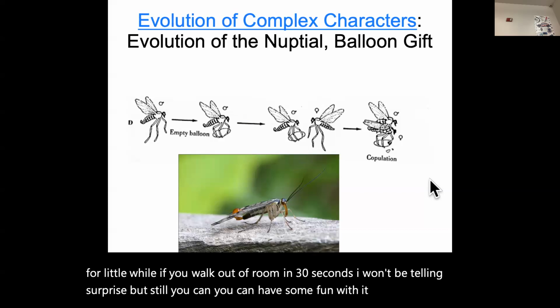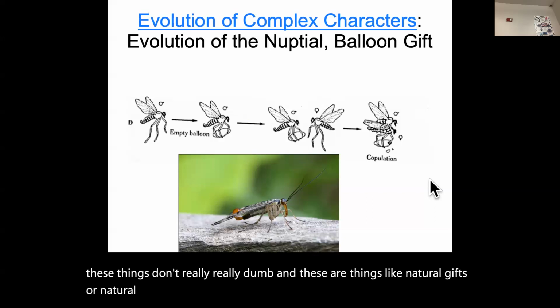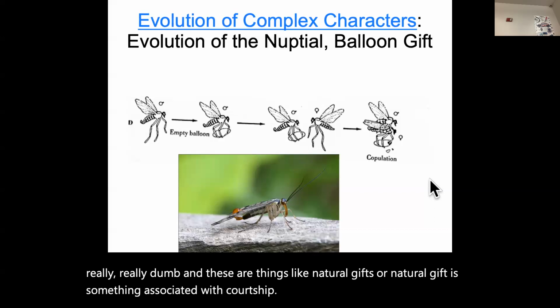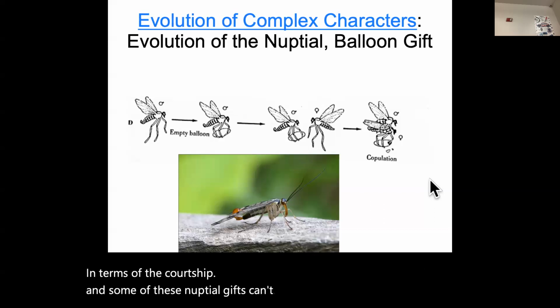Because some of these things are really, really dumb. And these are things like nuptial gifts. And a nuptial gift is something associated with courtship, much like Valentine's Day, where a gift is provided that is supposed to reflect some value in terms of the courtship. And some of these nuptial gifts can have value.